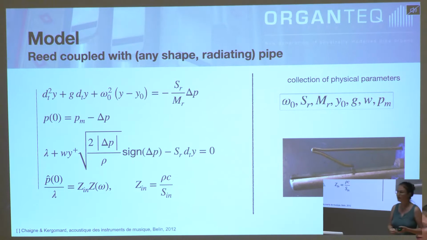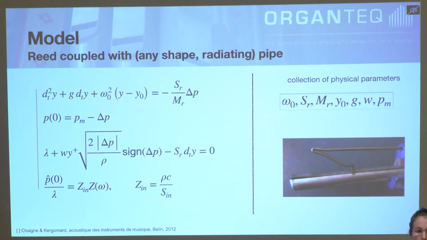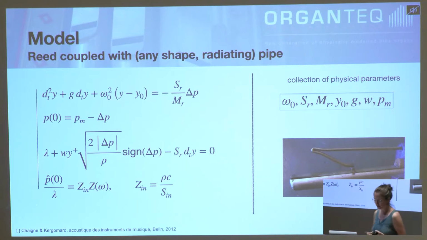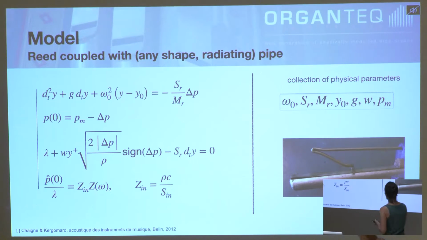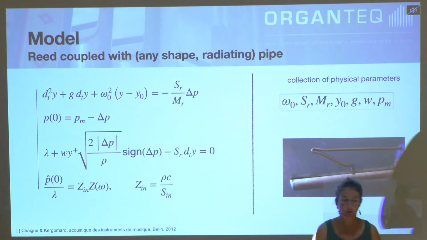Then you have the third equation, which relates the flow to the difference of pressure. It's a Bernoulli equation. And the term that we want to tackle is this one, the reed-induced flow.